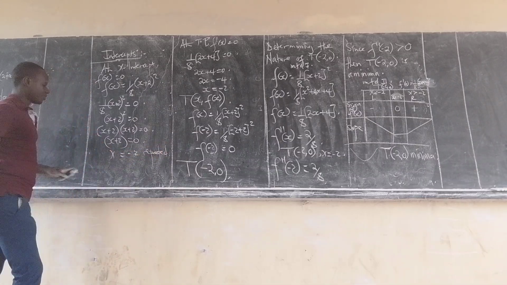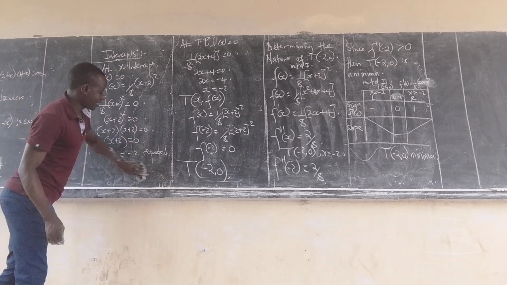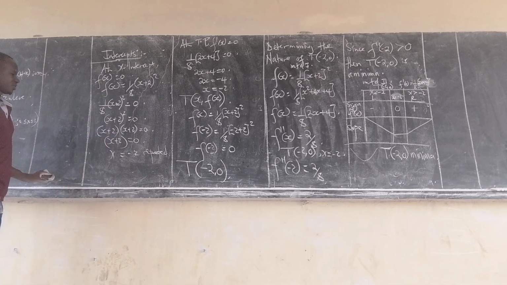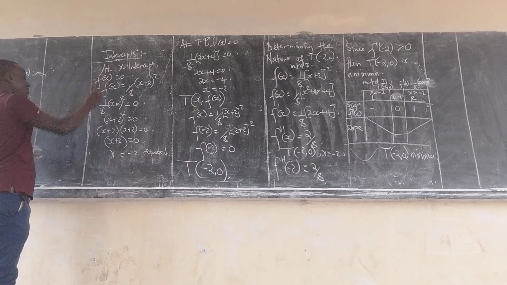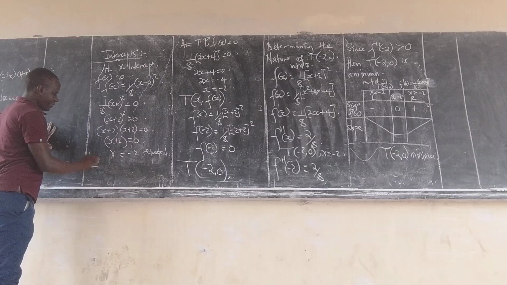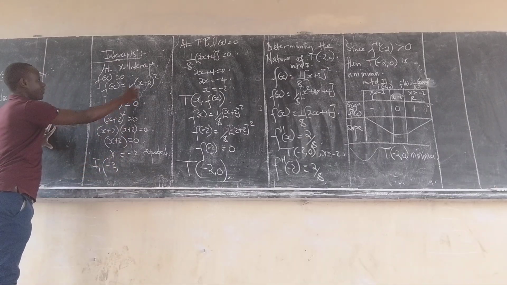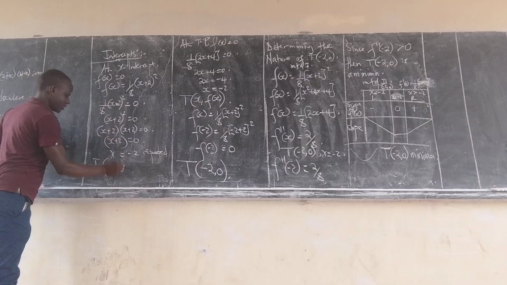It is a repeated value because we have the same brackets there. So it is only one x coordinate of the x-intercept that we have. So my first intercept is when x is negative 2. Of course, f of x was 0.